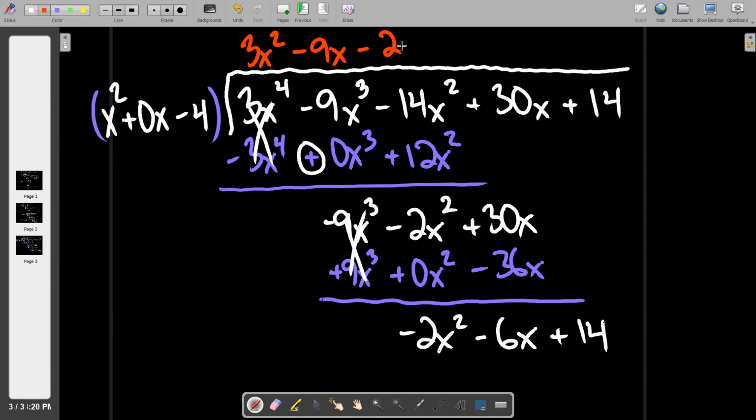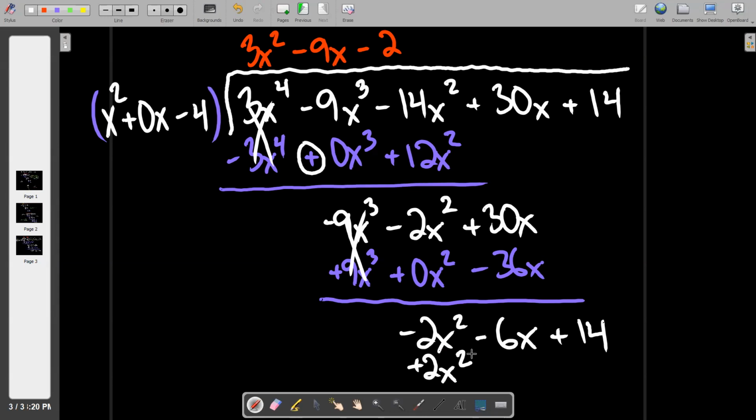What's the first answer down below going to be? This times this, which would be negative 2x squared, but I'm going to put plus 2x squared. Now, continuing on, take that red negative 2 and just keep smacking them through the divisor.